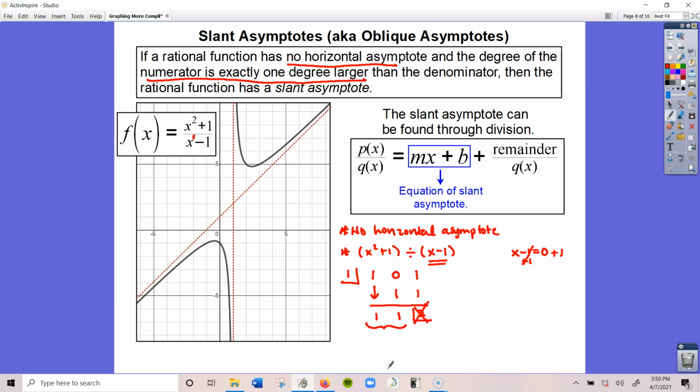This is going to tell us what the slant asymptote is. If you remember when we were doing synthetic division, your answer is always 1 degree less than whatever you were dividing by. So that means that this represents 1x, or x, plus 1. This is the equation of the slant, y equals x plus 1.